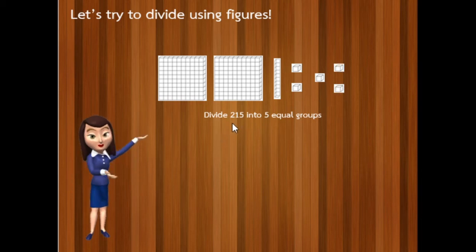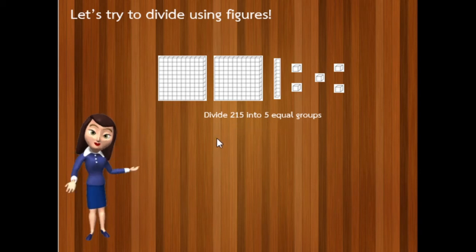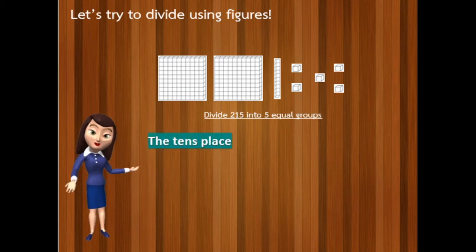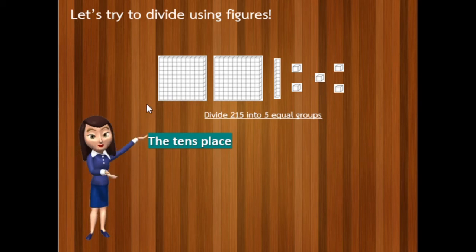Divide 215 into 5 equal groups. Let's do the tens place. Supposing we are done with the hundreds place and we ended up with 20.